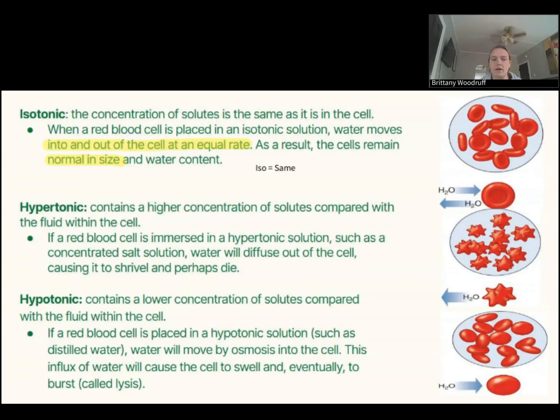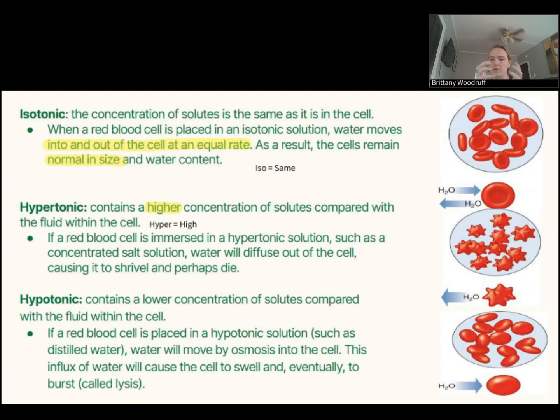For hypertonic, as Annette just said, hyper is going to mean high. So hypertonic solutions have a higher concentration of solutes on the outside of the cell. Osmosis, the water is moving from low to high, right?